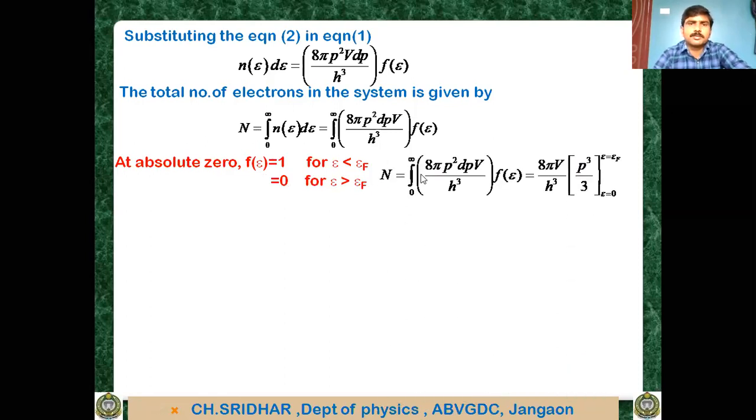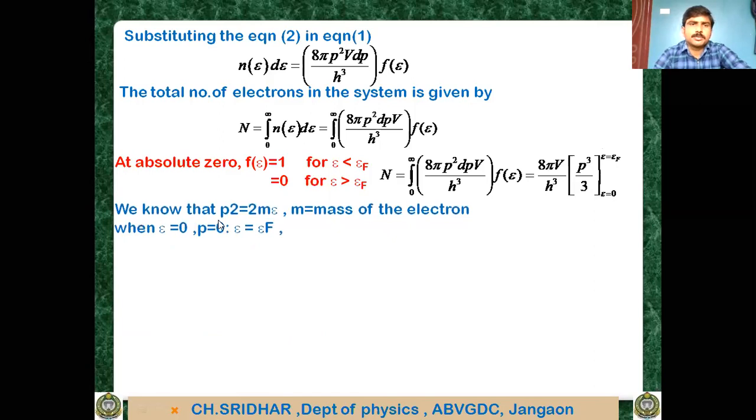So the total number of particles N is equal to integral 0 to infinity 8 pi p squared dp V by h cubed into F(E), where F(E) is equal to 1 for energy levels up to EF. Integrating p squared gives p cubed by 3, so capital N is equal to 8 pi V by h cubed into p cubed by 3 from E to EF.